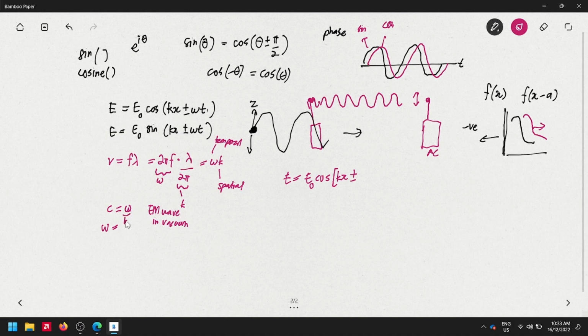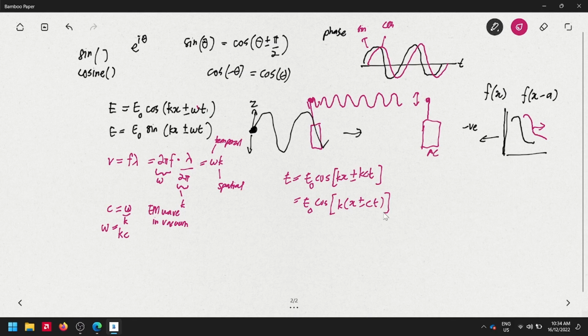So my omega is equal to kc. Okay, my apologies for the mistakes. So omega equals kc. And then I substitute my kc inside my omega here. So now it becomes kc times t. And then I bring my k, my spatial wave number, outside. Then I'll have E cosine of k times x plus minus ct.